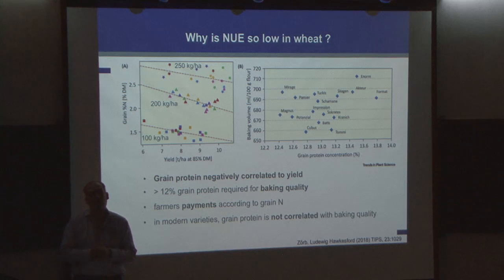Because we normally take wheat for flour production, and this flour is used for baking. And bakeries normally require wheat varieties that have more than 12% protein. And more than 12% protein is around 2-point-something% of nitrogen in the grain.